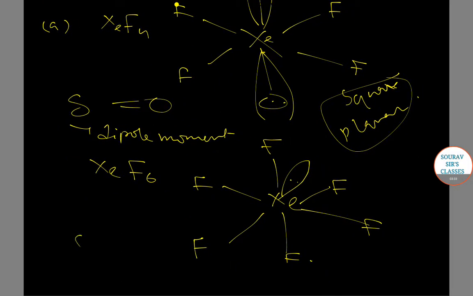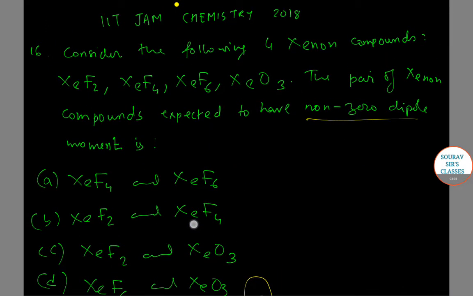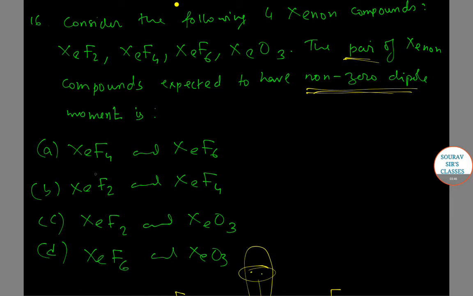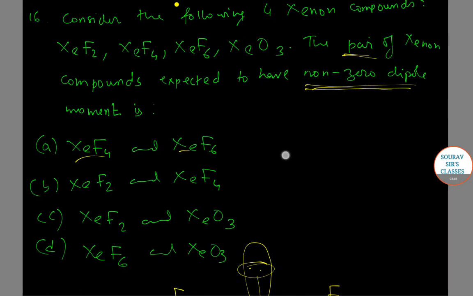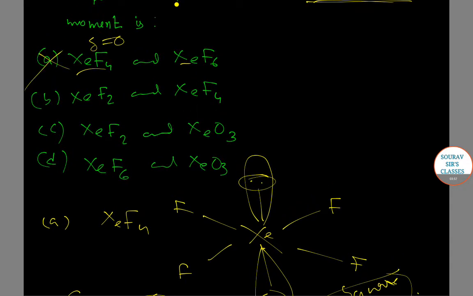Hence the net dipole moment will not be equals to 0. But since we have to find the non-zero dipole moment in each pair, both the compounds here have to have net dipole moment not equal to 0. Since XeF4 has a dipole moment equals to 0, this will not be the option.